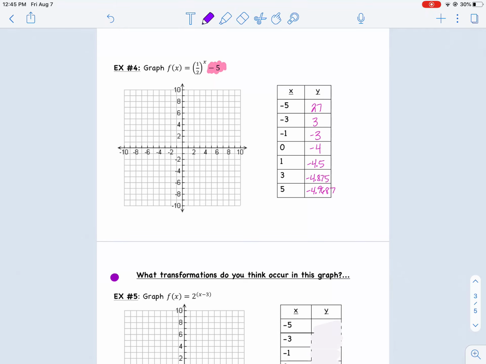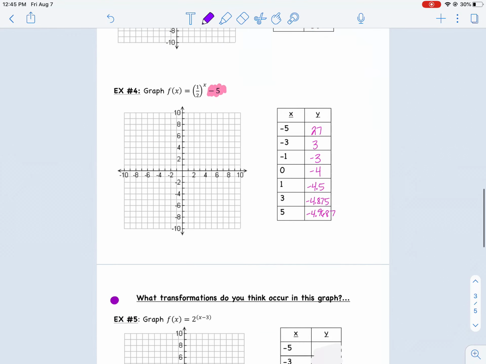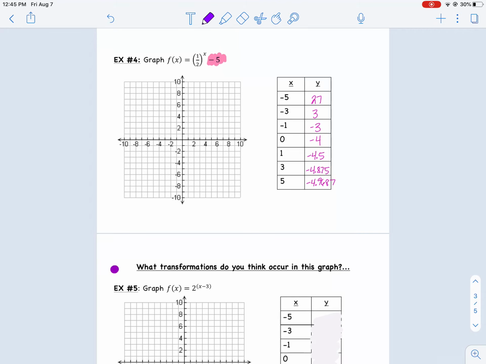Let's go ahead and plot these points and see if our guess is right and if it shifts it down 5. I've got negative 5, comma 27, which is really far off of my chart, way up here somewhere, right? I have negative 3, comma 3, 1, 2, 3. I have negative 1, negative 3. I have 0, negative 4.